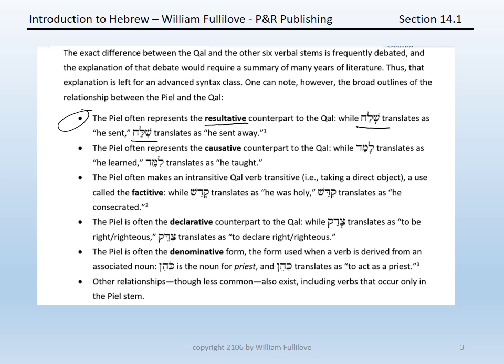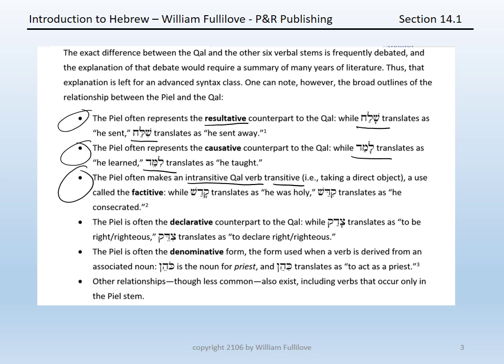Second, the Piel often is the causative counterpart to the Qal. The Qal, lamad, would gloss as he learned. The Piel, limmed, would gloss as he taught. Third, the Piel often will make an intransitive Qal verb, a Qal verb that has no object, that cannot take an object, transitive.